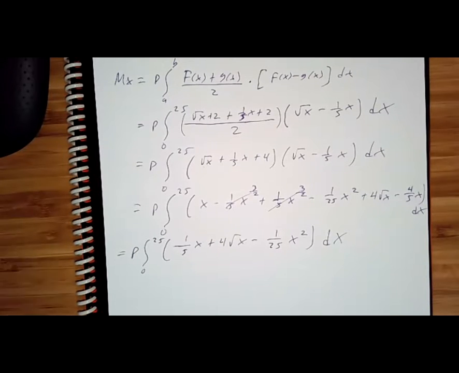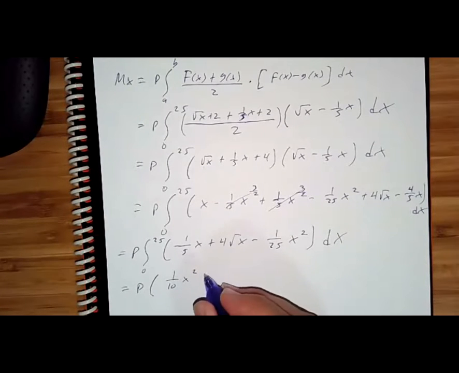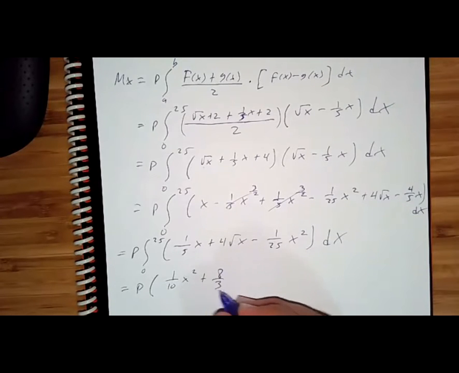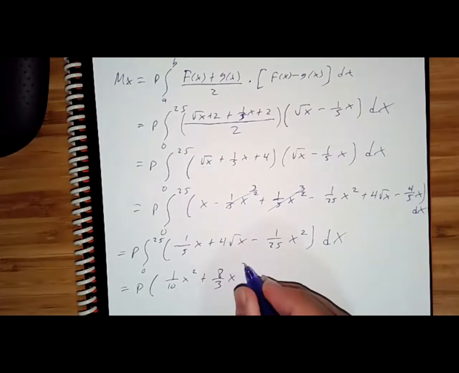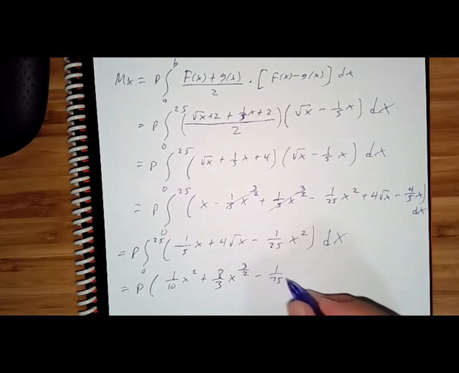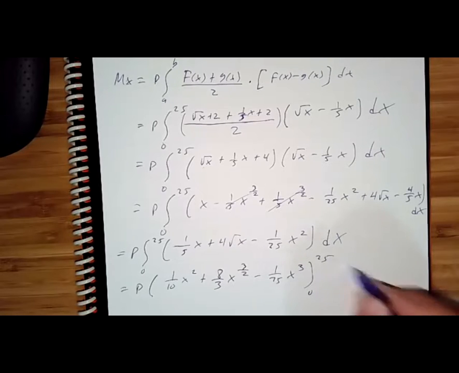Now it's time to integrate, finally. So this will equal p times 1/10 x squared plus, that would be 3/2, so divide, 8/3 x to the 3/2 minus 1/75 x cubed from 0 to 25.